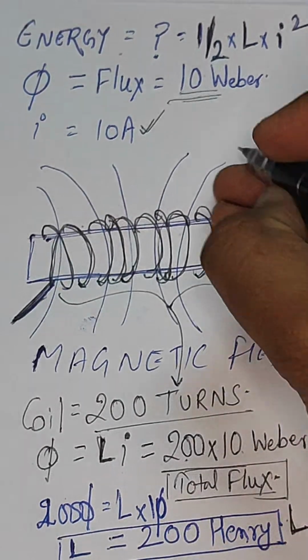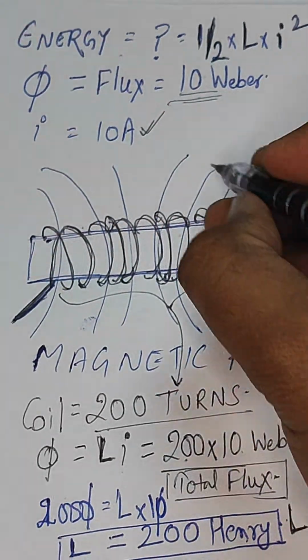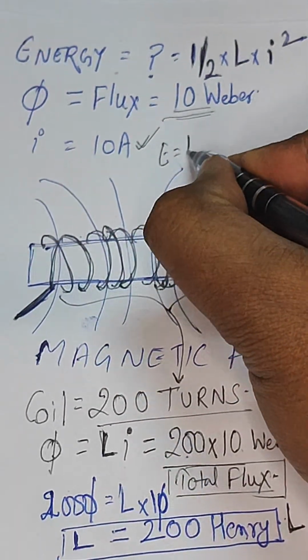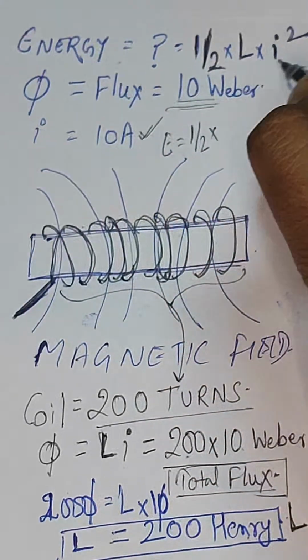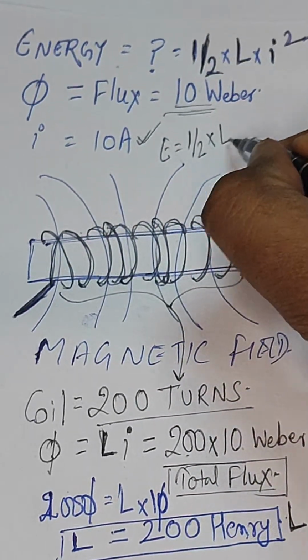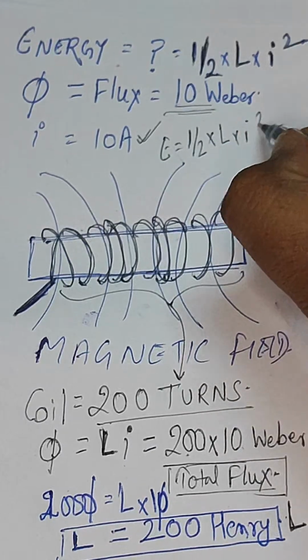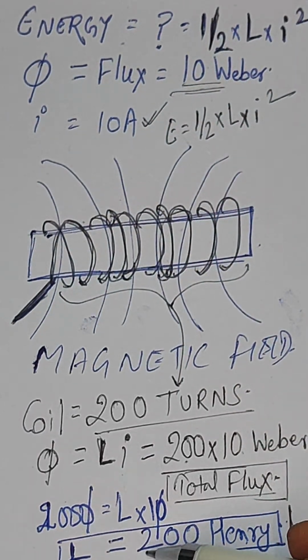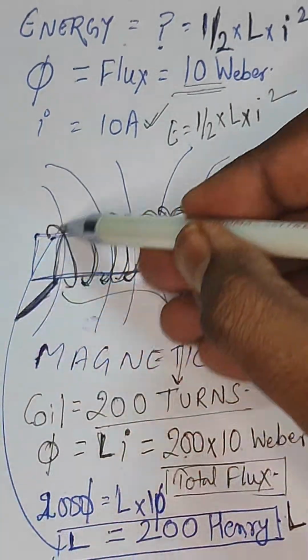So from here, energy is equal to half into L into I square. This is the formula. You have calculated the value of L equal to 200. Just put it over here.